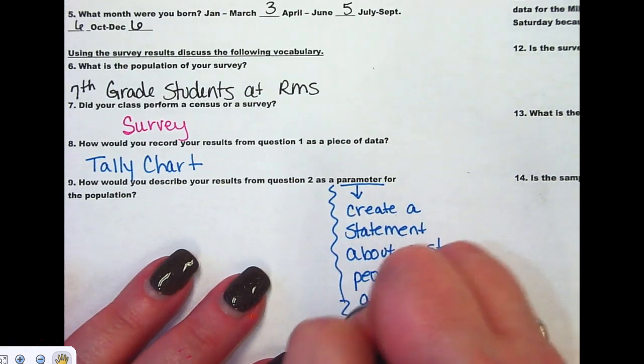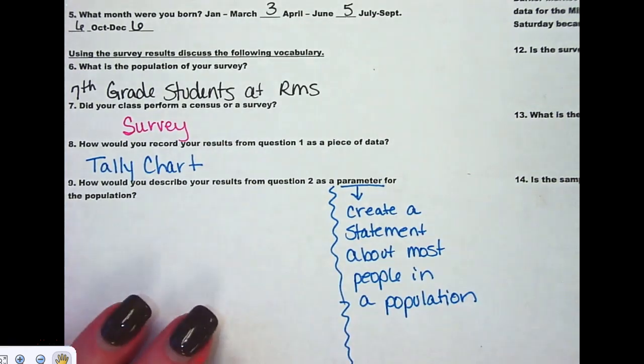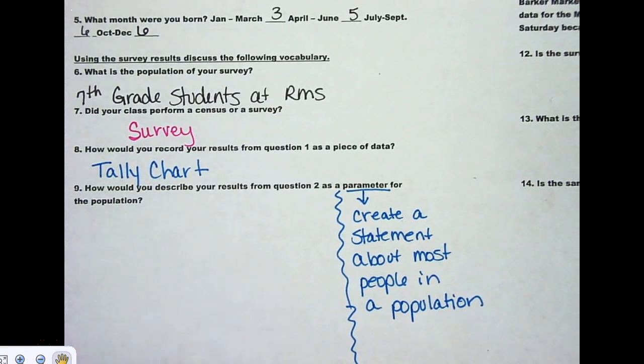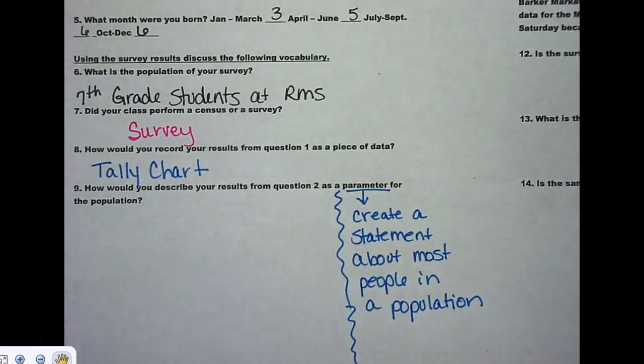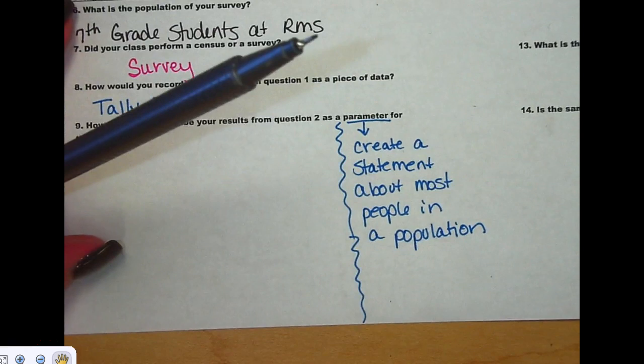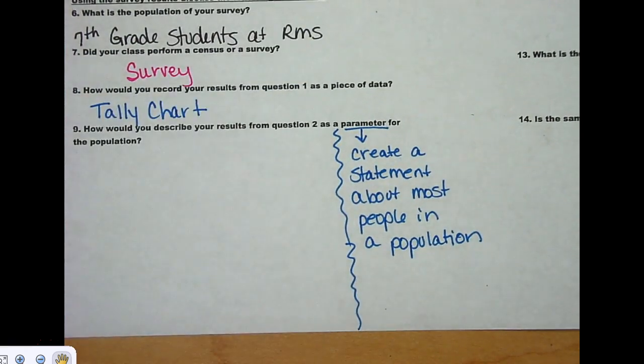So think about that definition for parameter and look at number 2 and see if you can create a statement about most 7th grade students at Ringgold Middle School. Are you looking at number 2? The question?